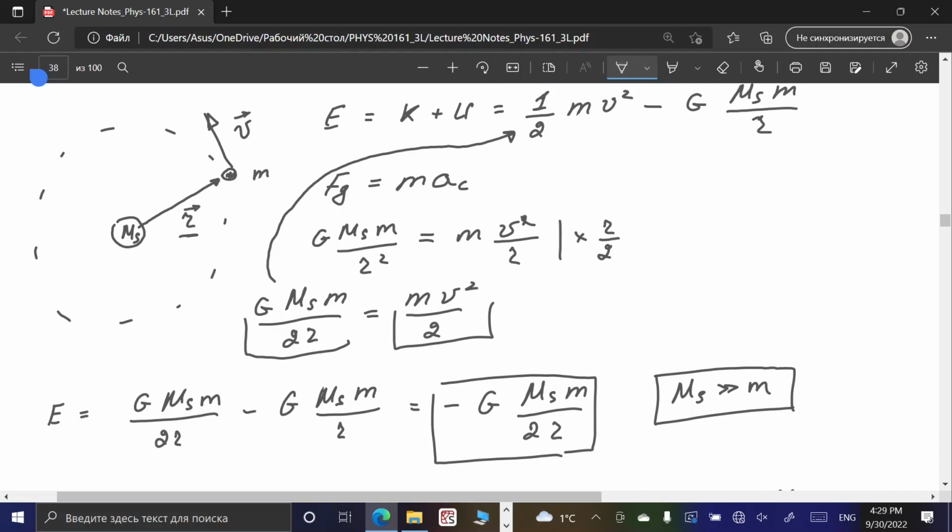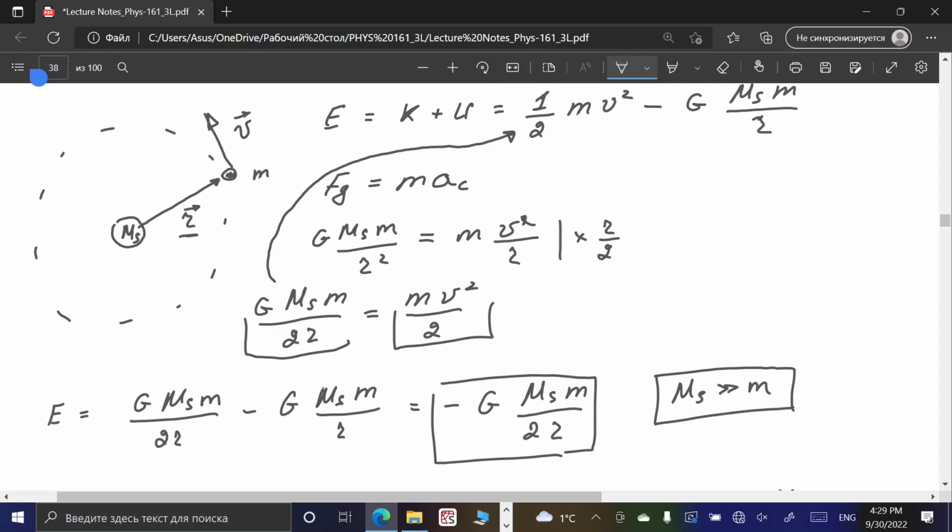So this system, sun and planet, will actually rotate about the center of mass of the system. And if this is true, then the center of mass will be located very close to the center of the star.